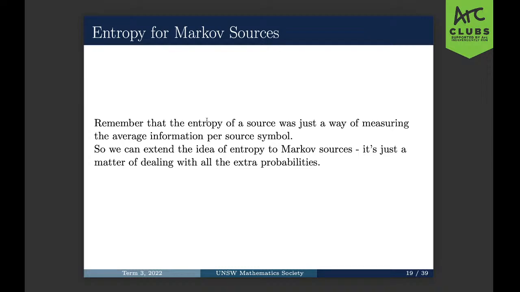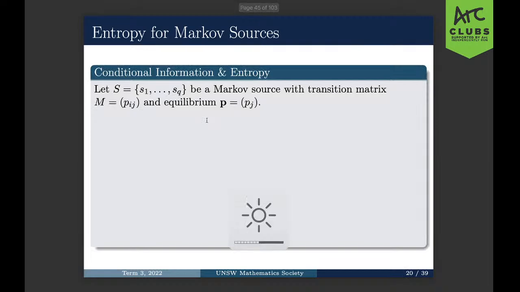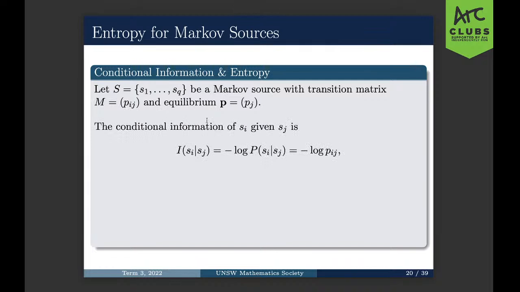Well, it's just a matter of dealing with all the extra probabilities. So let S be a Markov source with Q symbols, transition matrix M, and equilibrium P. The conditional information of Si given Sj is the information function of the conditional probability of getting Si after Sj.